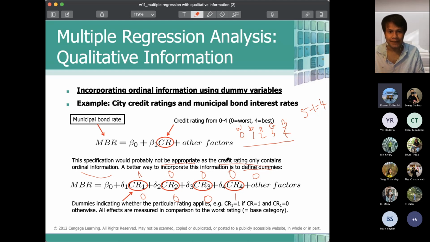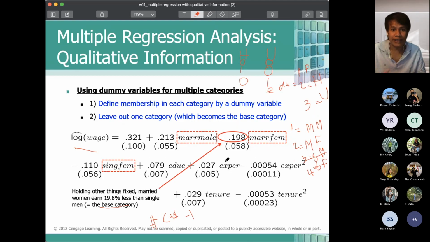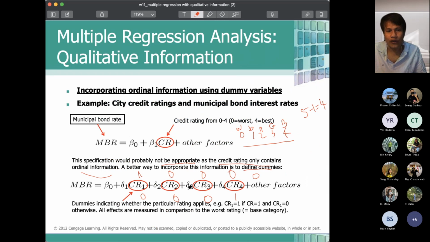Teacher, how about the values like in the previous slide that you showed, the positive and negative? No, this is the result from Stata. This one as well. This is the coefficient that you will generate. After you generate it, you will see whether it is negative or positive. So this is the equation only. We do not produce the result yet.